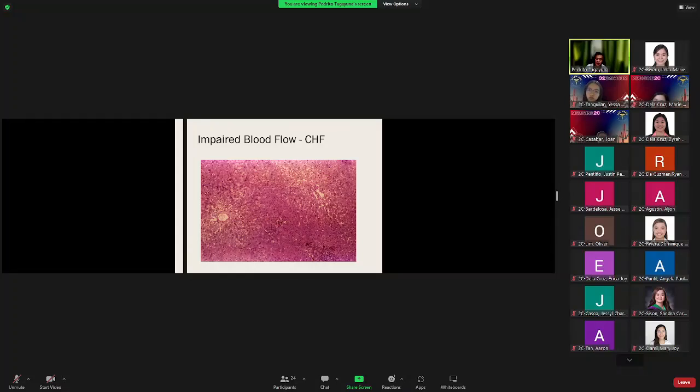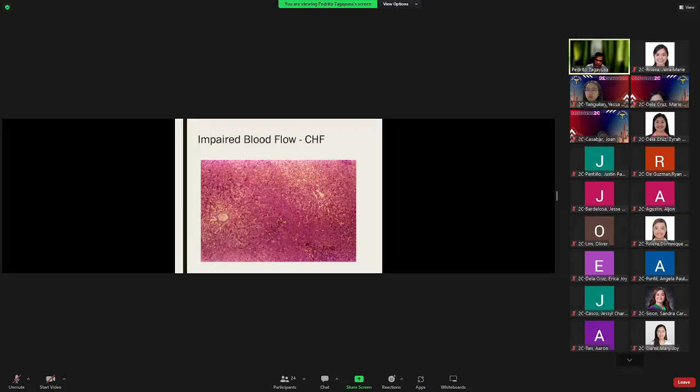And since there is congestion because of congestive heart failure, the blood cannot flow readily going here. Okay. So only those in this part will be oxygenated, or hepatocytes in this part will get the share of the oxygen.